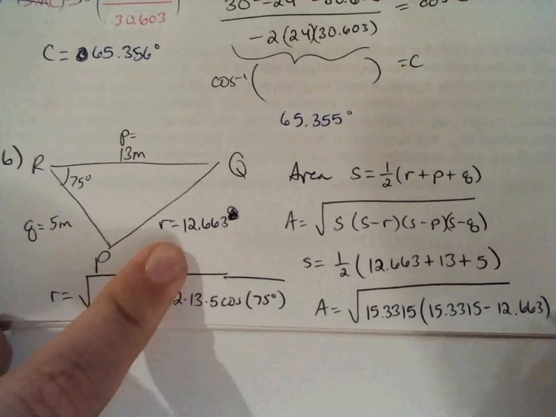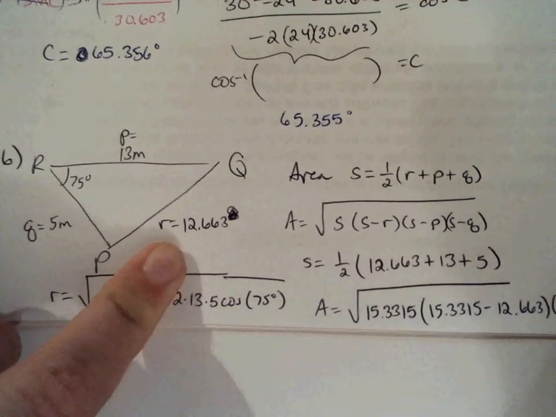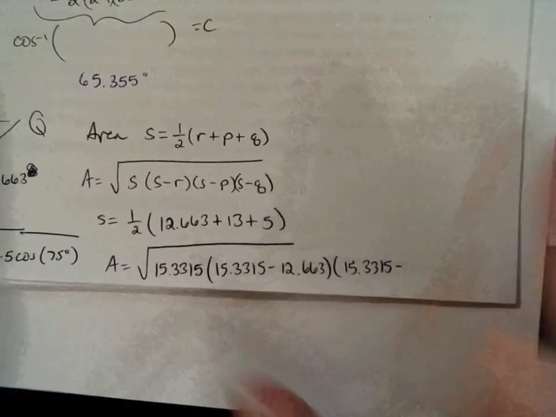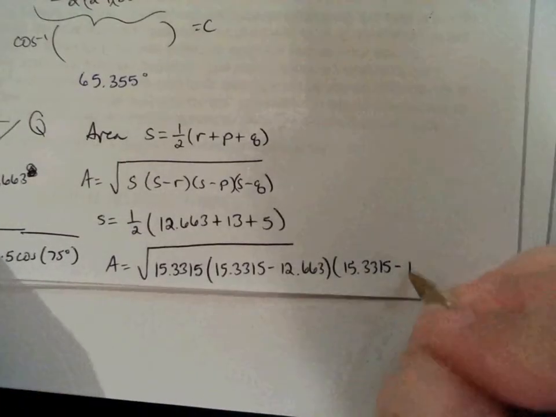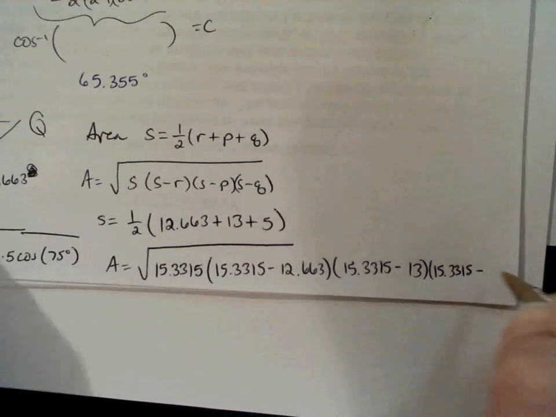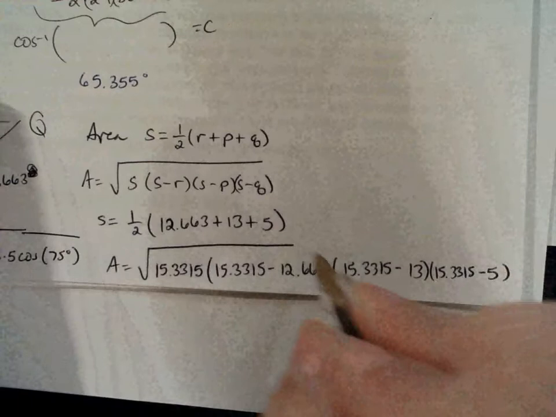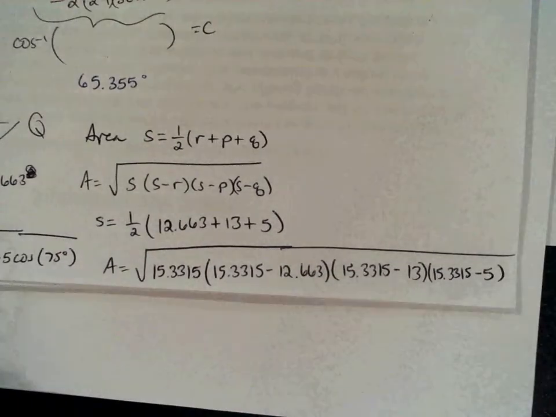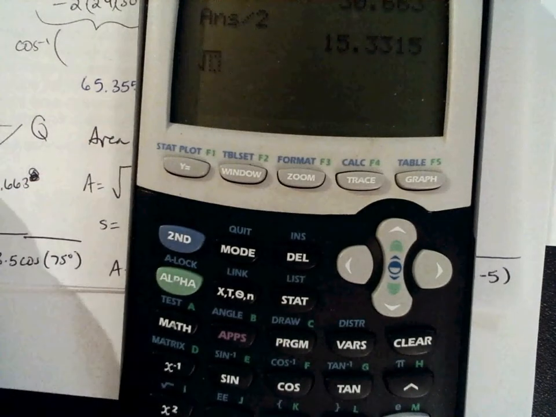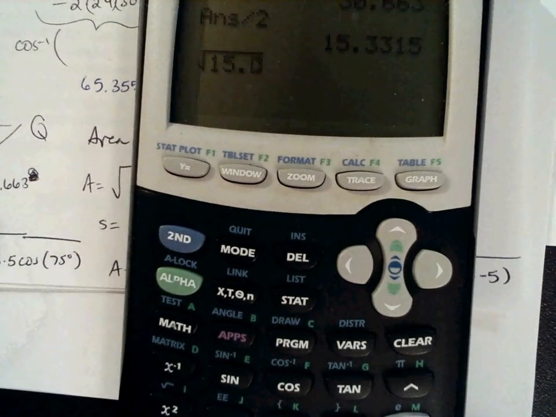Okay, so S times 15.3315 minus R, 12.663, times 15.3315, and I know I'm going off the page, but minus P, which is 13, times 15.3315 minus Q, which is 5. The square root of all that, and there we go.